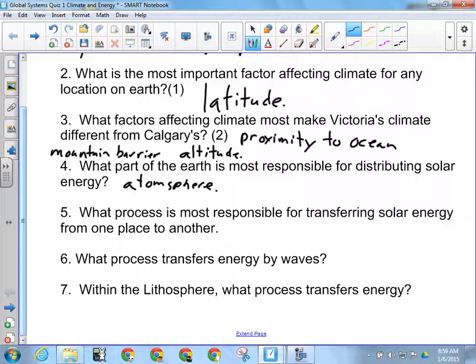Which one's most important for Earth? Convection, because it's the one that can transfer energy over the largest distances on Earth. Obviously radiation gets here from the sun. That's a great distance, but we're talking about just within the Earth here. Number 6, what process transfers energy by waves? Gave it away, it's radiation.